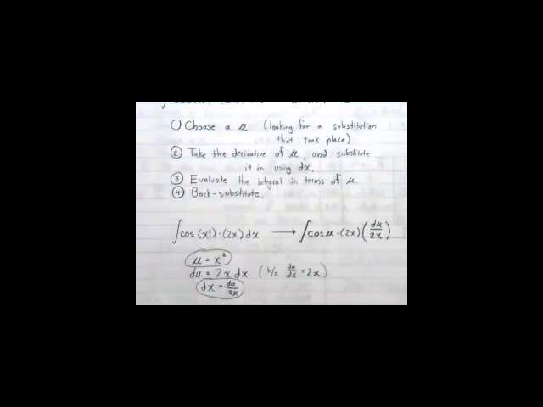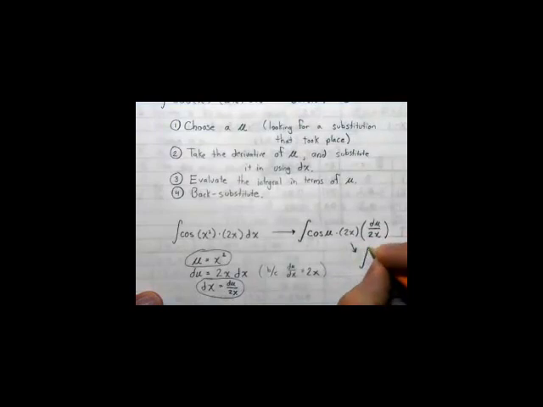Now if I have picked a good u for my substitution, something should happen here. All your x's should go away. Do you see how that's going to happen with this one? The 2x and the 2x should cancel each other out. And what I'm left with is an integral completely just using u. No more x.